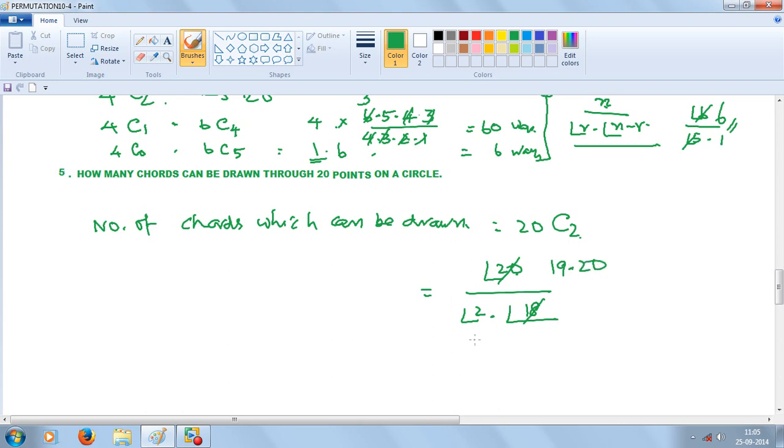Divided by factorial 2, that is 380, and if you cancel the 2, it is equal to 190 chords. The formula is factorial n divided by factorial r multiplied by factorial n minus r, so 2 points at a time.